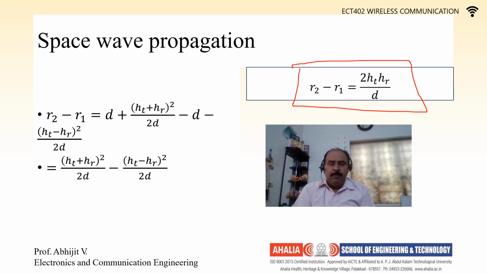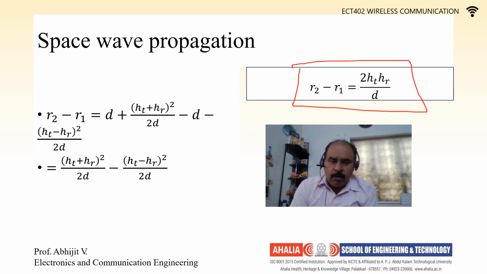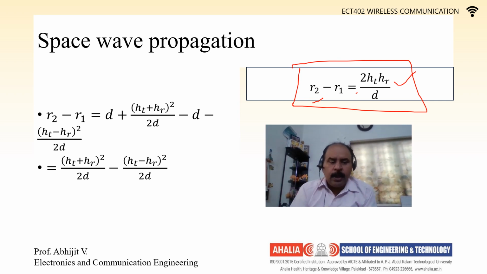The difference in path between the wave that is reflected from the ground and the direct wave is R2 minus R1, which is equal to 2 times HT HR by D. Have you noted it down, all of you? The difference in path.